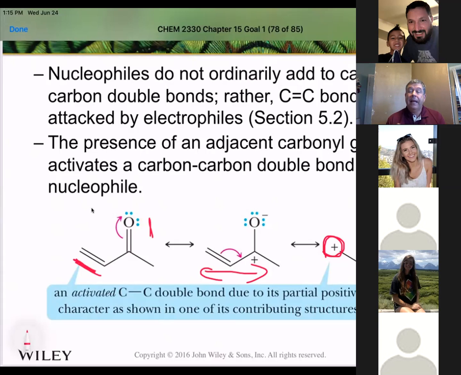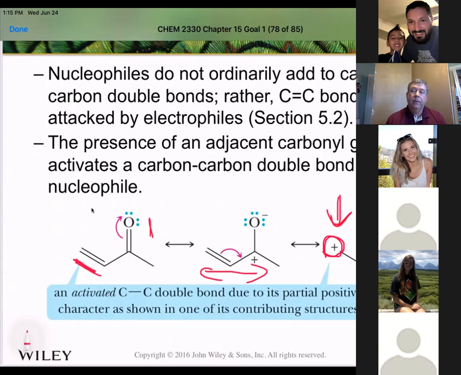Remember, our enolate has a negative charge. We're forming a partially positive charge here at the end of the chain, at this beta carbon, instead of using the partially positive charge of the carbonyl. So when we do it on the beta carbon, or 2 carbons over from the carbonyl, that's the Michael reaction, typically called the Michael addition.